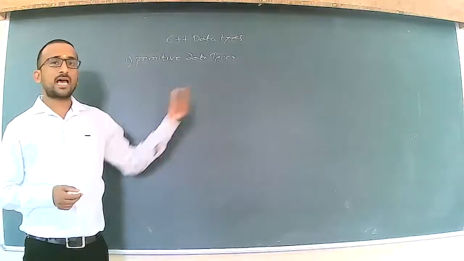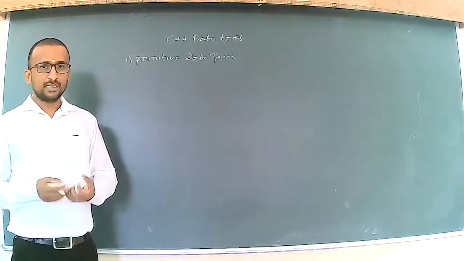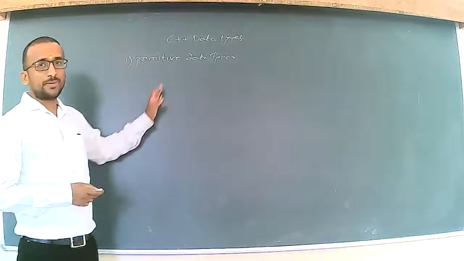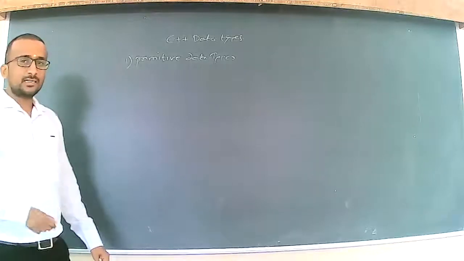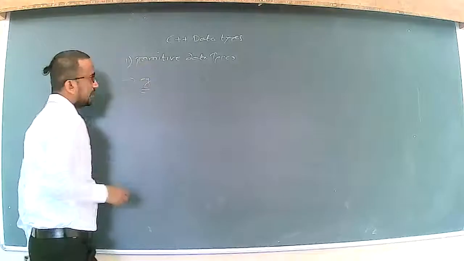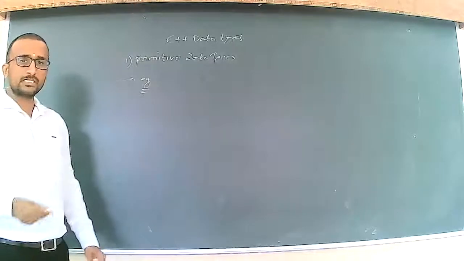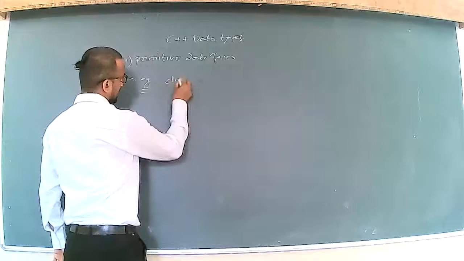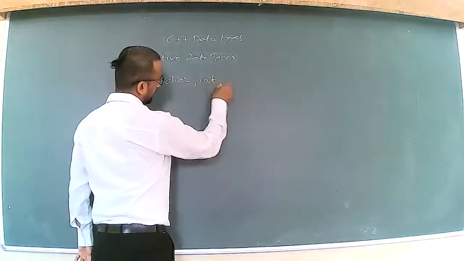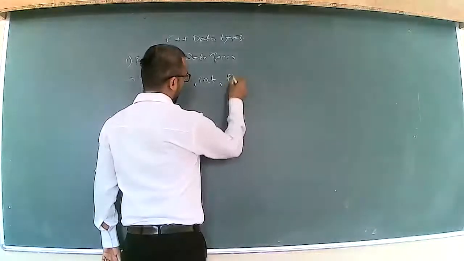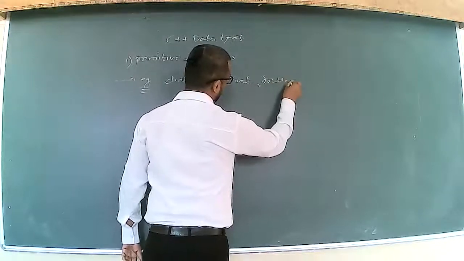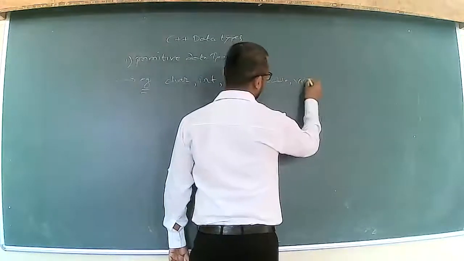These primitive data types have a fixed size. These are the points that we have discussed about primitive data types. In the last lecture, we discussed examples: character, integer, float, double, and void.